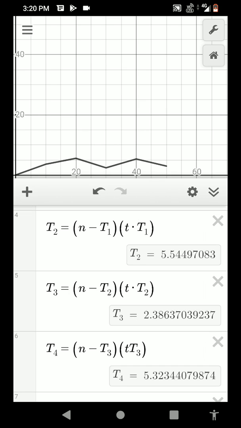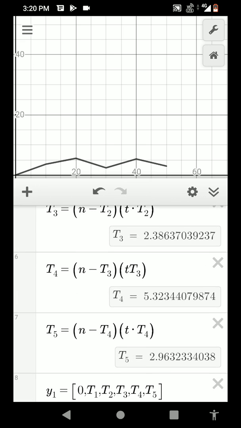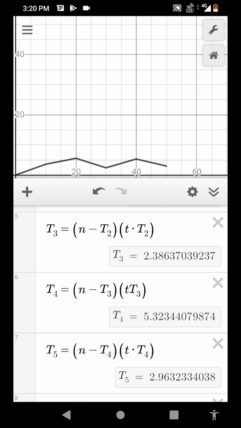That directly affects the population getting infected in the second year. The same thing applies for the third year. And over here I have defined it for the first 5 years.